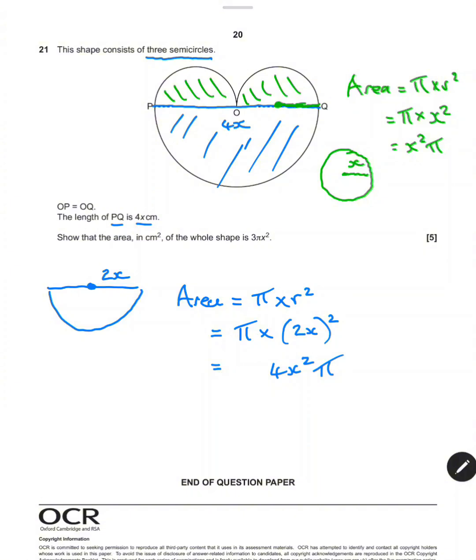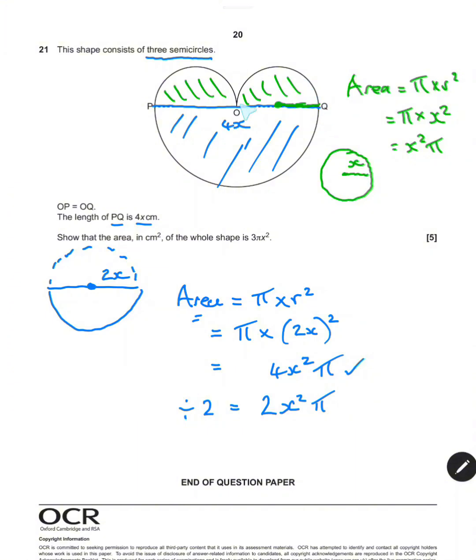If we go back to my first semicircle, I didn't actually complete this question because this area works out the full circle, which is 4x squared pi. What I should have done is divide that by 2. 4x squared pi divided by 2 is 2x squared pi.